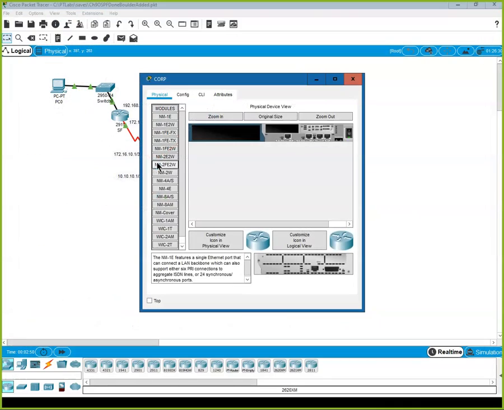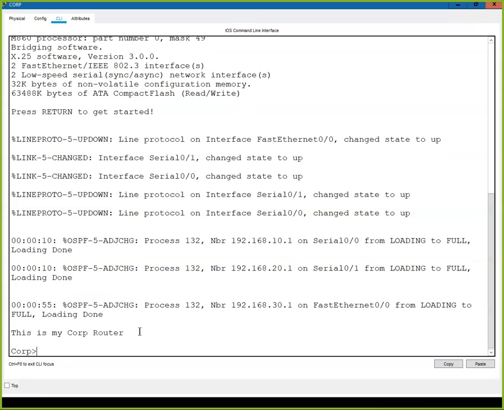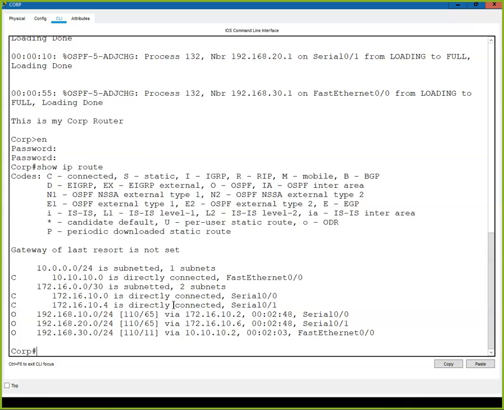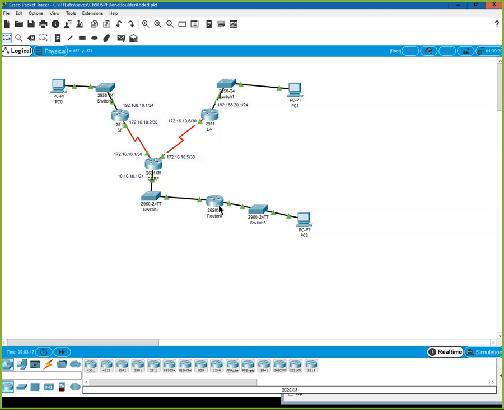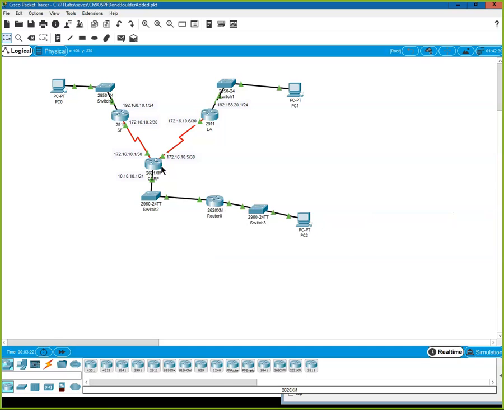Yeah, let's go with this guy because we've got some serials. Add some passwords here. Show IP route. When we do that, 60. Here's what I was looking for, the 11 to get to the 30 network. The 30 network should be down here, and it is 192.168.30.1.